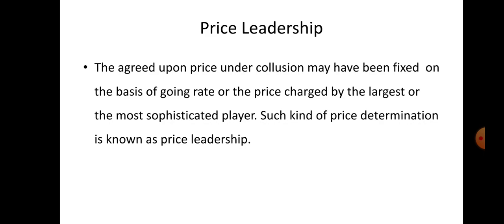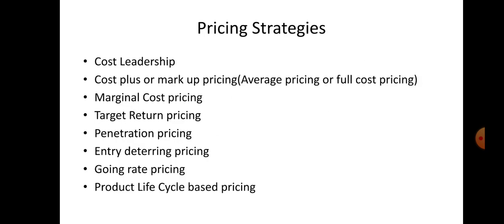Next important concept is price leadership. The agreed upon price under collusion may have been fixed on the basis of the going rate or the price charged by the largest or most sophisticated player. That kind of price setting is known as price leadership.